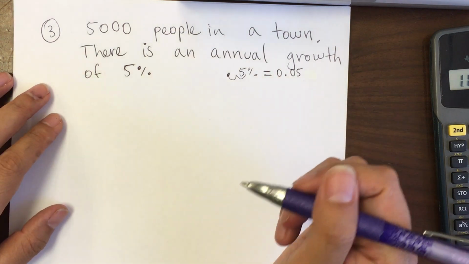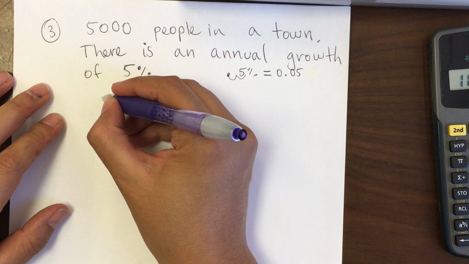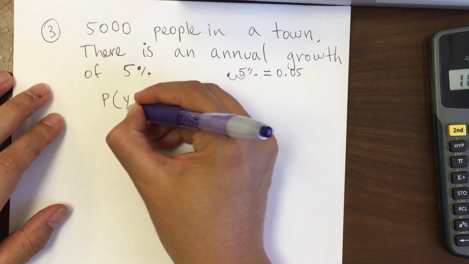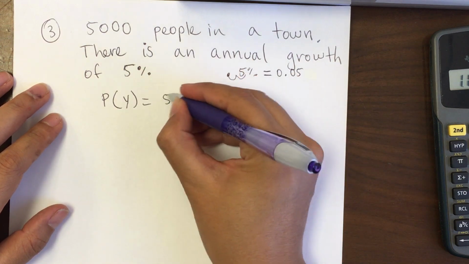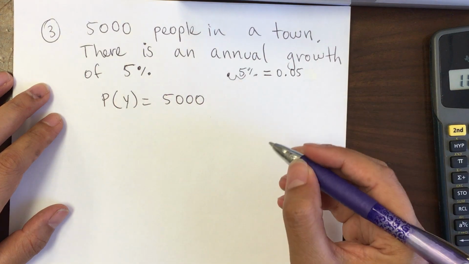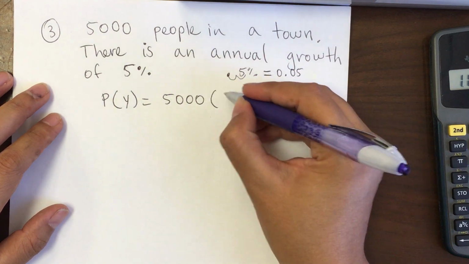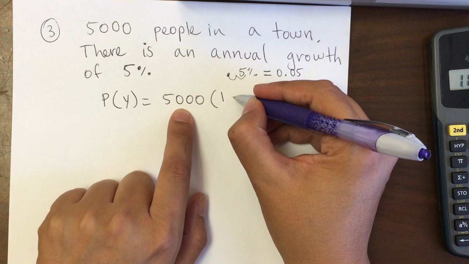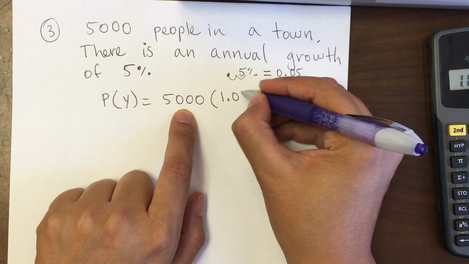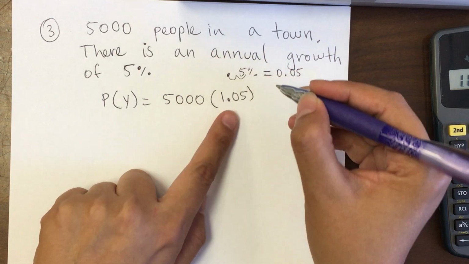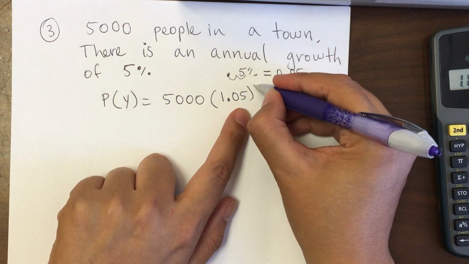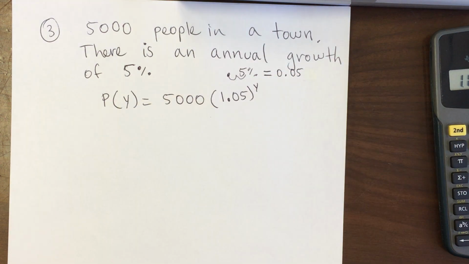So what that means is that my population per year is equal to the initial point, which is 5,000, multiplied by the population that exists right now, plus the growth that happens each year, right? In a month, how much growth is there?